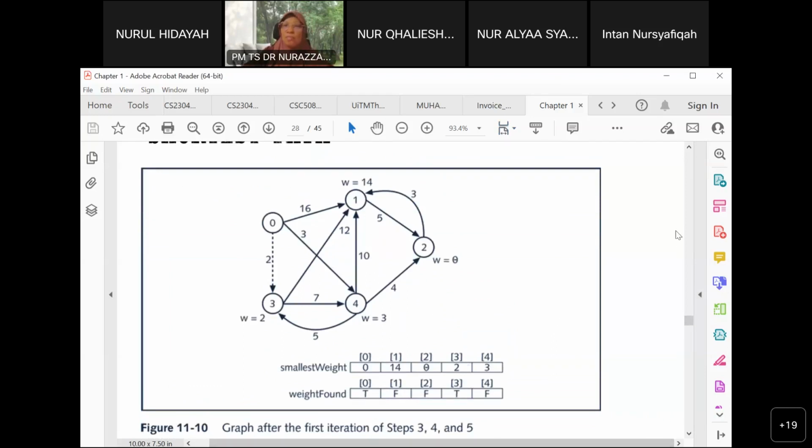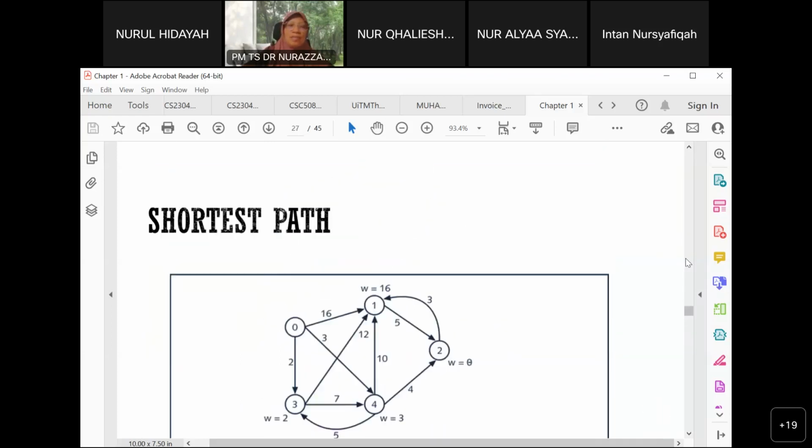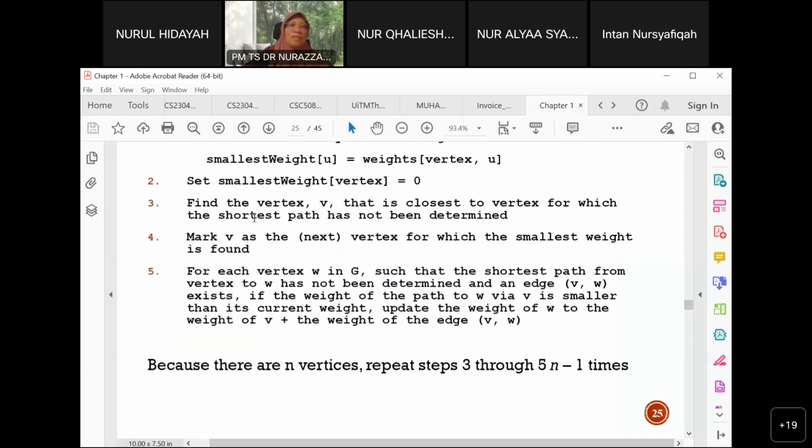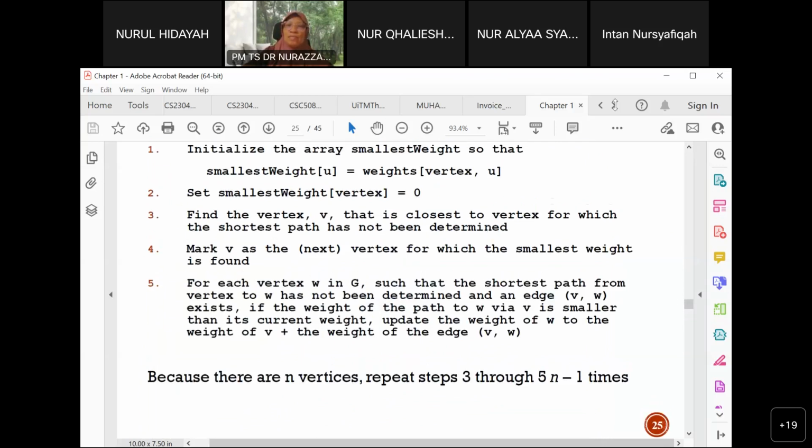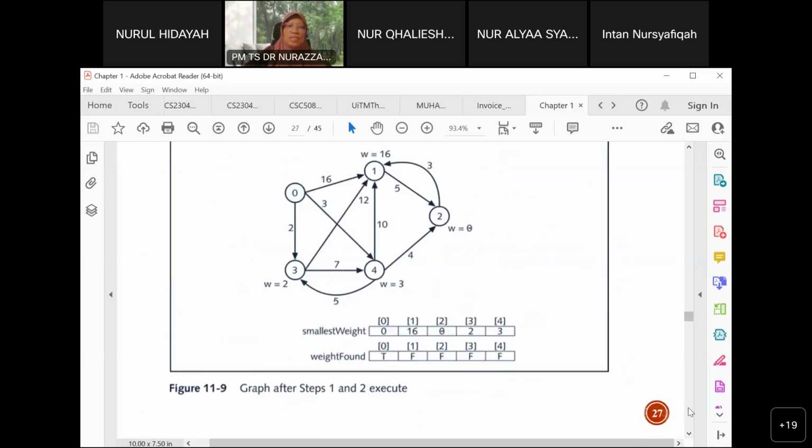Yang tadi kalau pergi balik tadi, step 3 apa? Find vertex V that is closest to vertex for which the shortest path has not been determined. And then mark V as the next vertex for which the smallest weight is found. And for each vertex W in G such that the shortest path, ini dia akan find, kalau dia lebih kecil dia akan update.